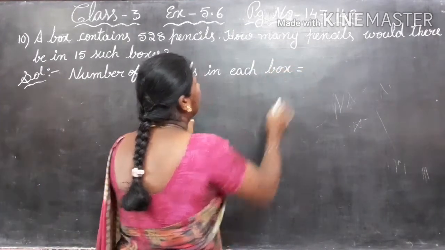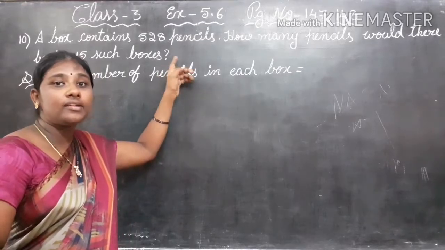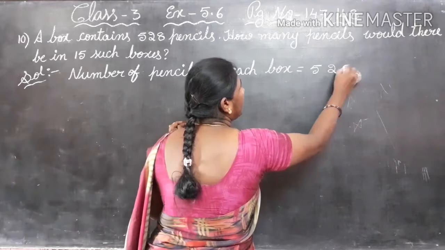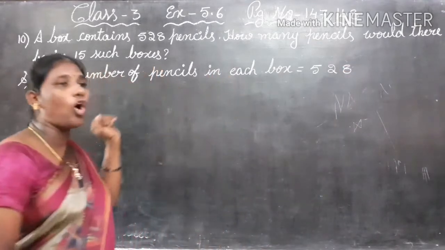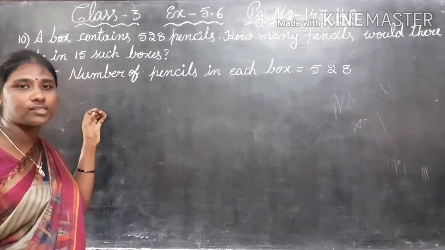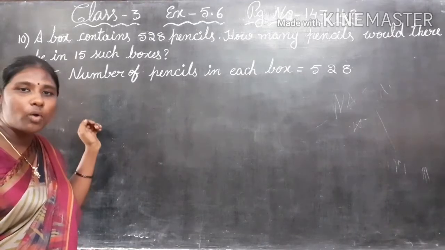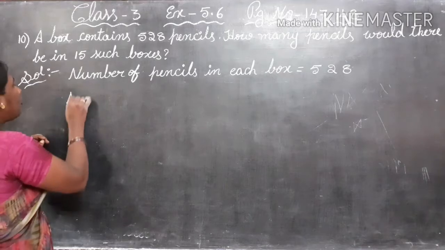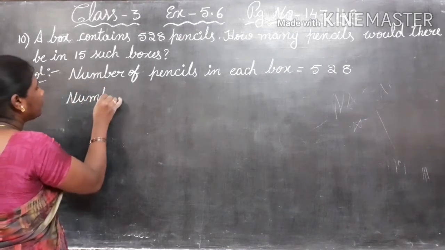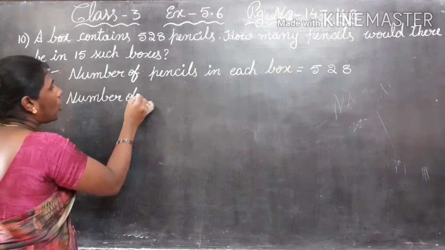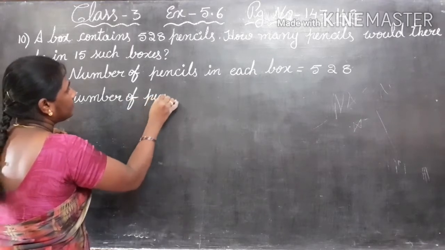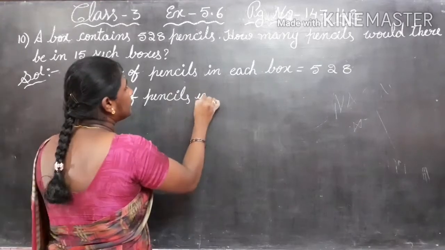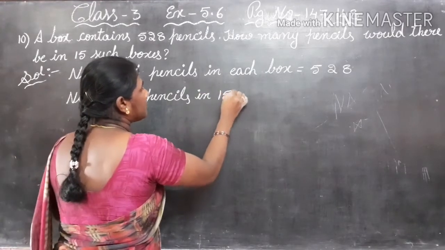In each box containing how many pencils? 528 pencils. Like that, how many boxes are there? 15 boxes. So in 15 boxes, how many pencils are there? We have to find the number of pencils in 15 boxes.